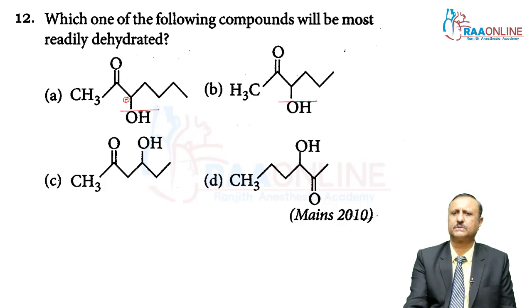You only need to see on which carbon atom the positive charge is more stable. The compound with the more stable positive charge on the carbon atom is readily dehydrated. Here you can see this CO group, and this is the positive charge.